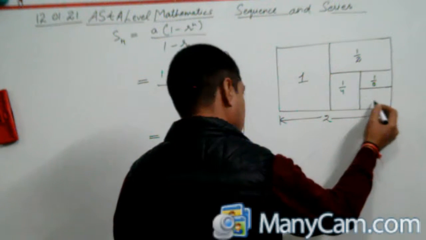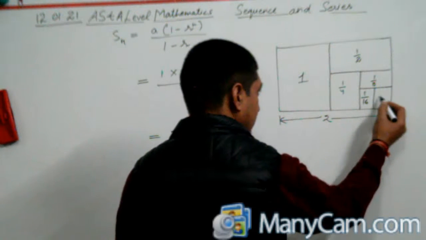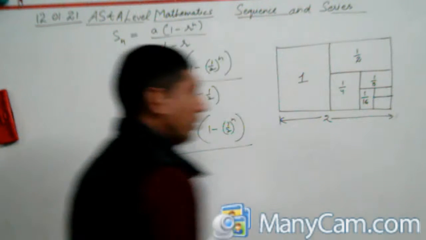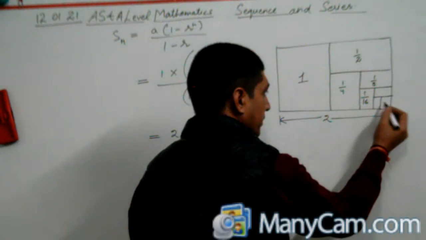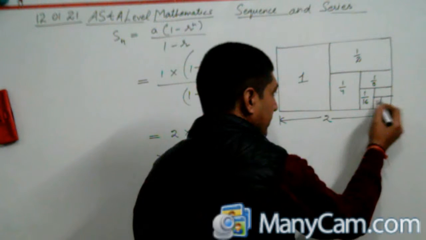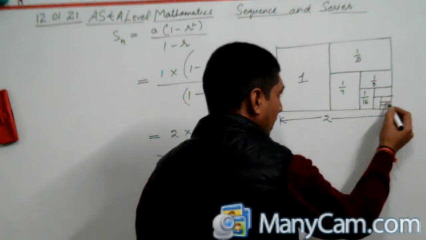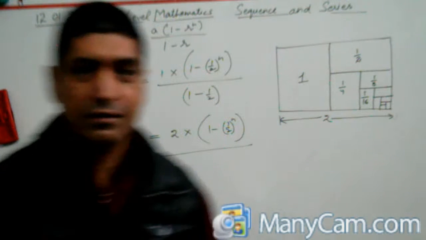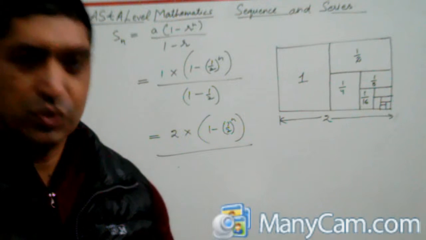Then this is 1/16, right? And so on. 1/32. So on, dividing. Then this is half. Then it's again half, half, half, and so on, right? So here the value is 2. The sum is 2 here.